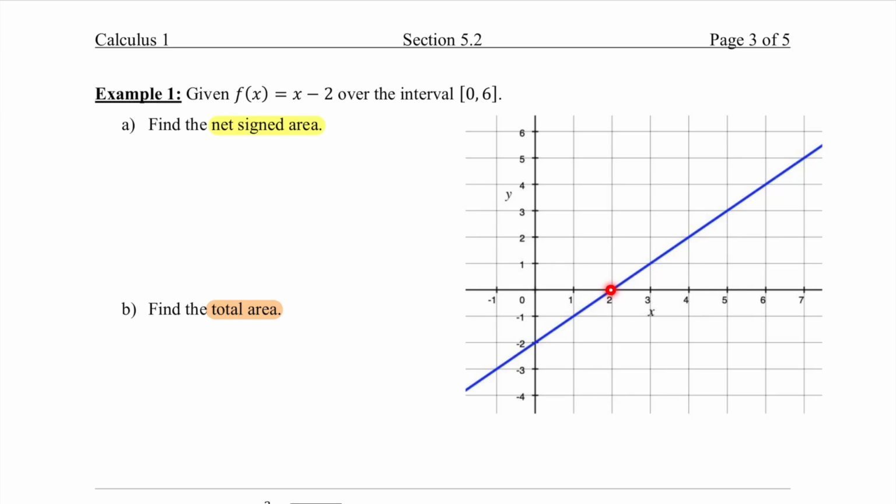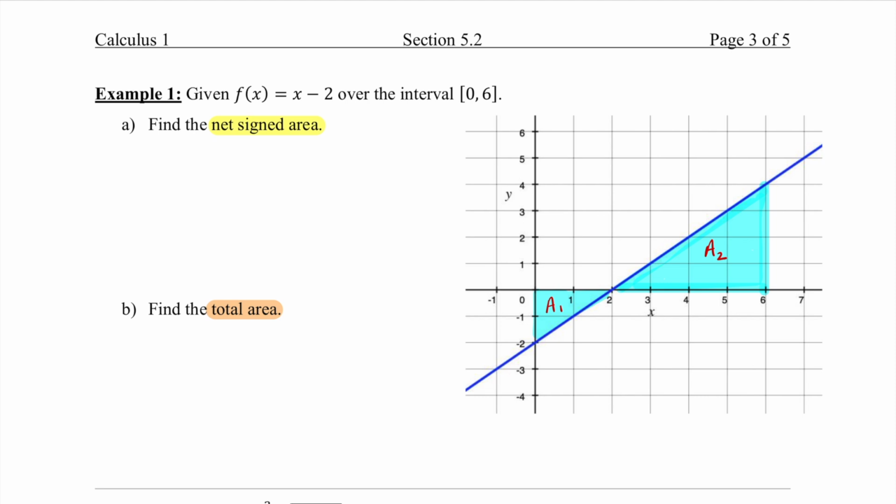That means from 0 to 2, the graph is below the x-axis. So this area is negative. From 2 to 6, the graph is above the x-axis, so this area is positive. So I'll call this A1 and this A2.